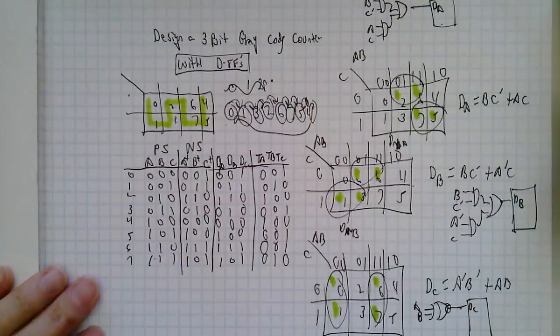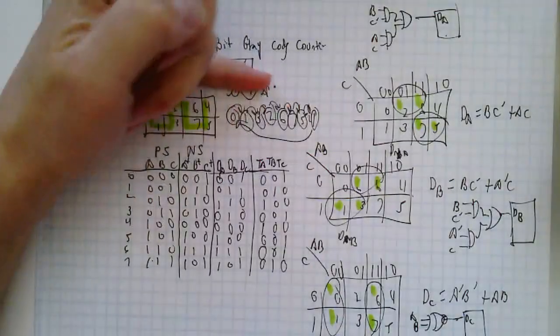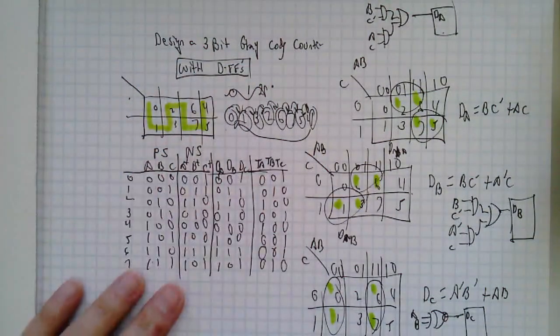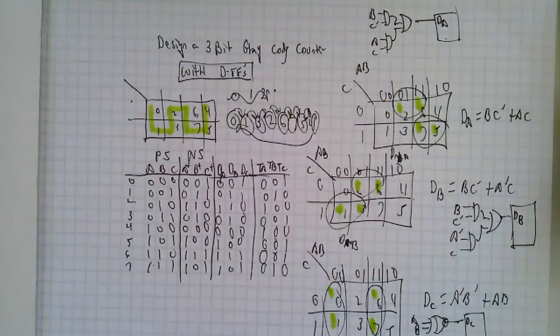Here I said I had to use D, but if I didn't have that, then you could essentially use whichever flip-flop you feel gives you the easiest implementation. And you could, in principle, even mix the flip-flops, although I wouldn't recommend it.